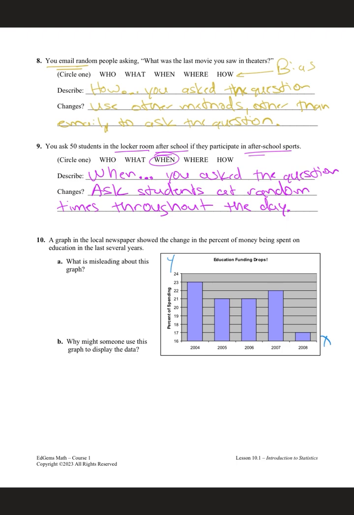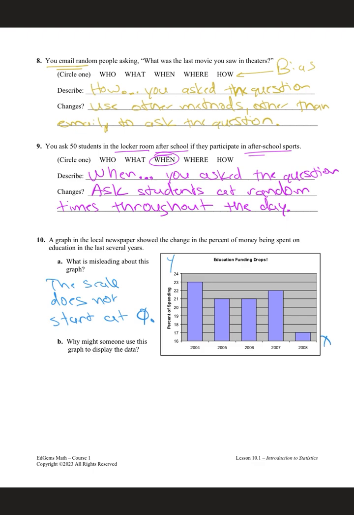So for part A, what is misleading about this graph? For me, the one thing that sticks out is the graph doesn't start at 0. So the scale does not start at 0.